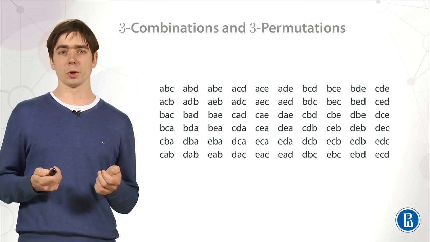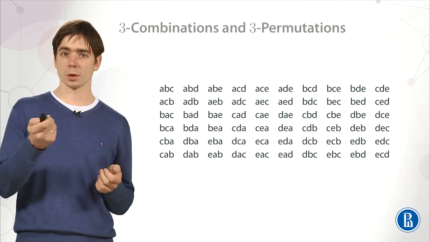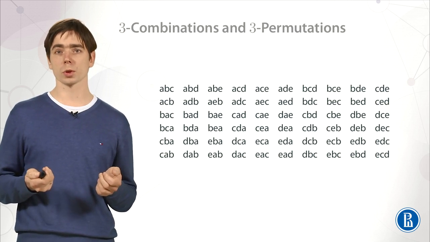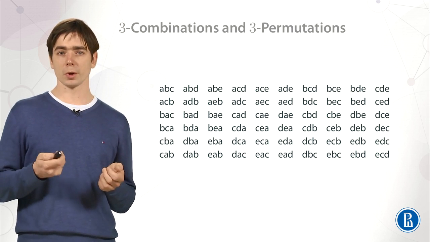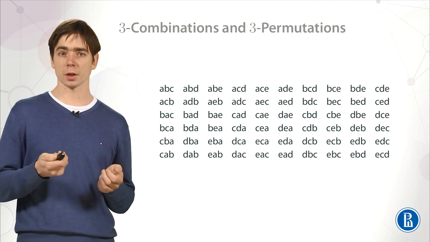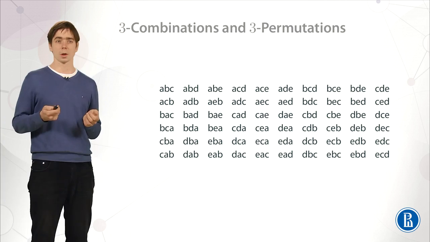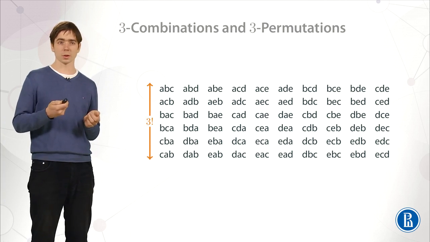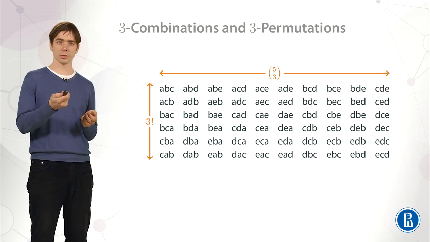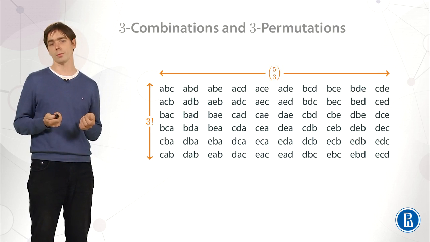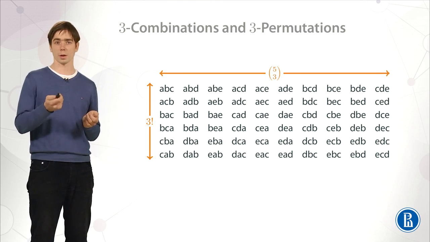And let's depict this on the picture. So on this picture, we depict all possible 3-permutations. And in each column, we collect 3-permutations that consist of the same elements. So there are 3 factorial ways to permute 3 elements. And then the number of columns corresponds to the number of 3-combinations. And the number of 3-combinations is 5 choose 3.